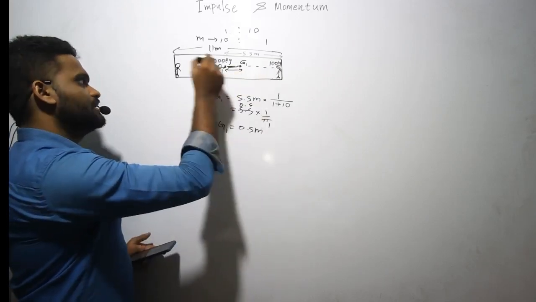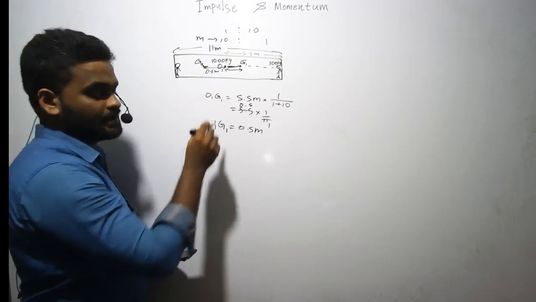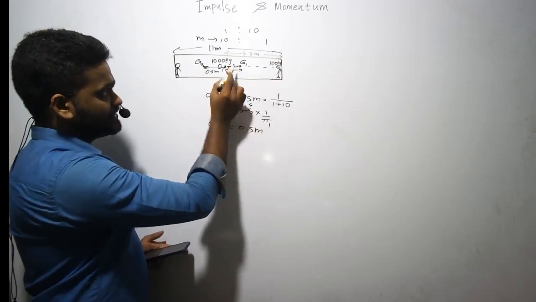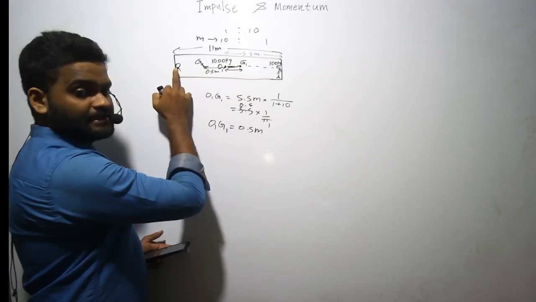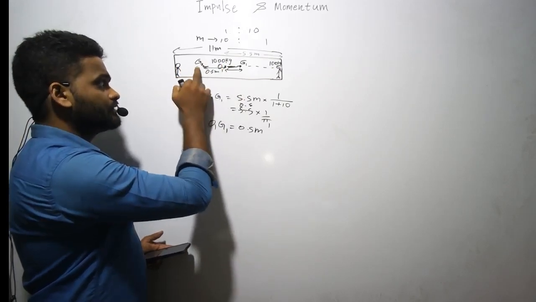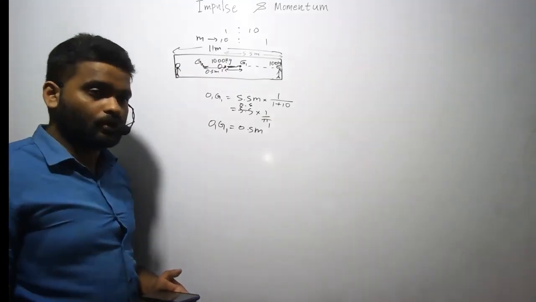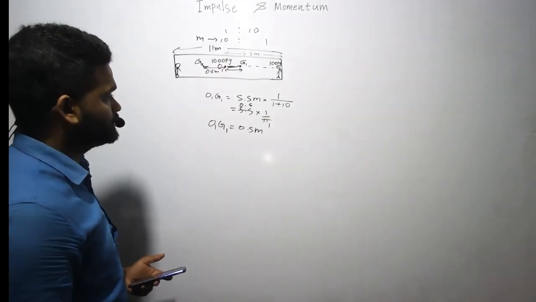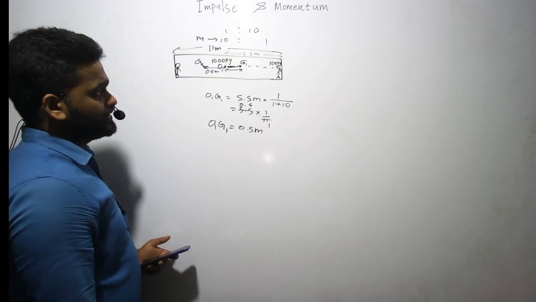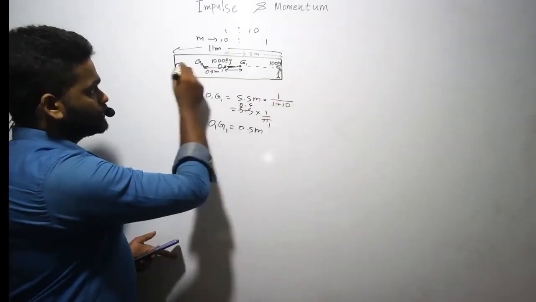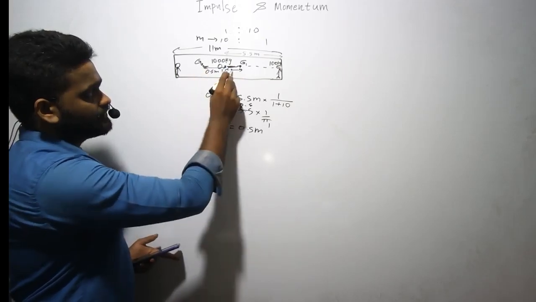When the man moves to this direction, the center of gravity also moves to this. And as he is at this end, the center of gravity is at a 0.5 meter distance from O1 actually, right? So you can clearly see as the man moves from here to here, the center of gravity moves from here to here. So how much is the distance?